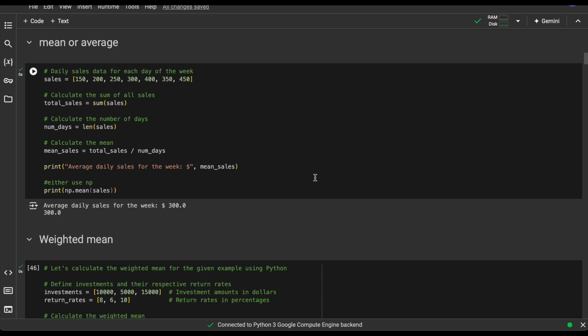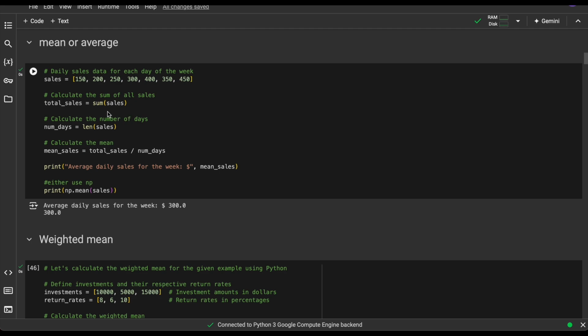I'll show an example. Suppose you run a small bakery and you want to analyze your daily sales over the past week to understand your average income. Here are your sales for each day: Monday has 150 rupees, Tuesday 200, Wednesday 250, and so on.